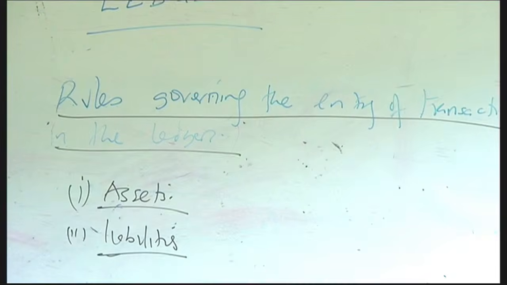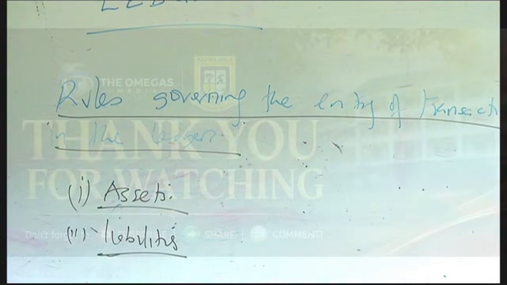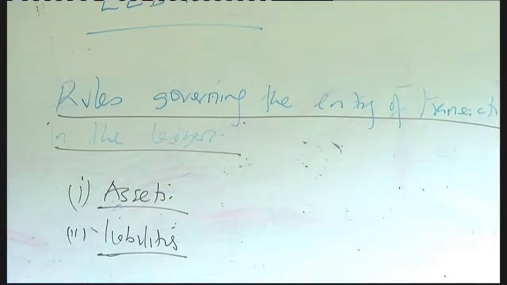Liabilities, remember when we were handling the balance sheet, we talked about liabilities, and liabilities are in two forms. We have short-term liabilities and long-term liabilities. We gave examples, and you know very well.